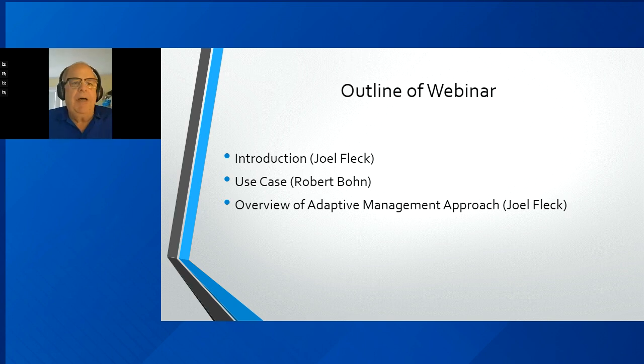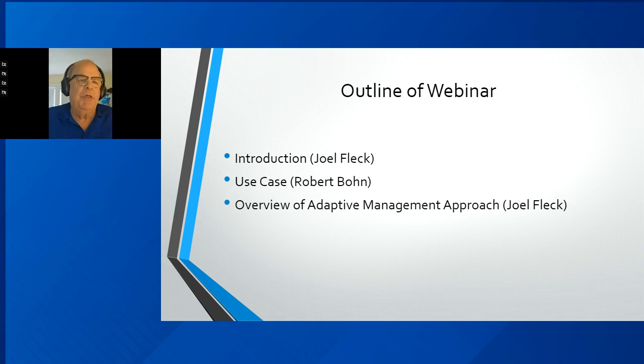As a quick outline of what we're going to do, I'll do a brief introduction on why we decided to proceed with this work. And then, to help the audience understand how we're driving this work, one of the things that we did was we developed a number of use cases.